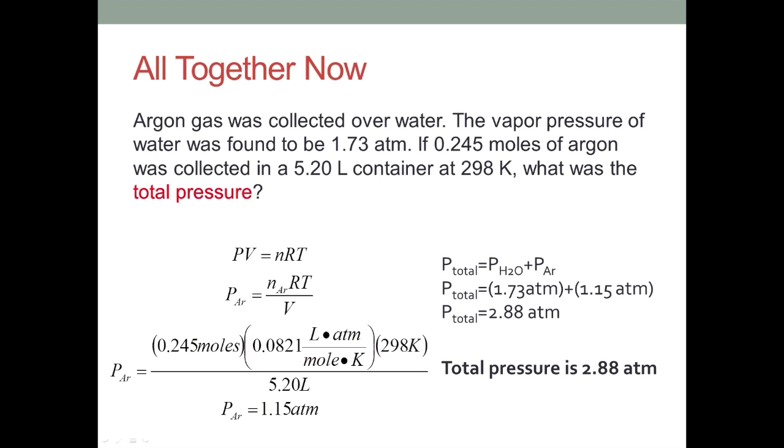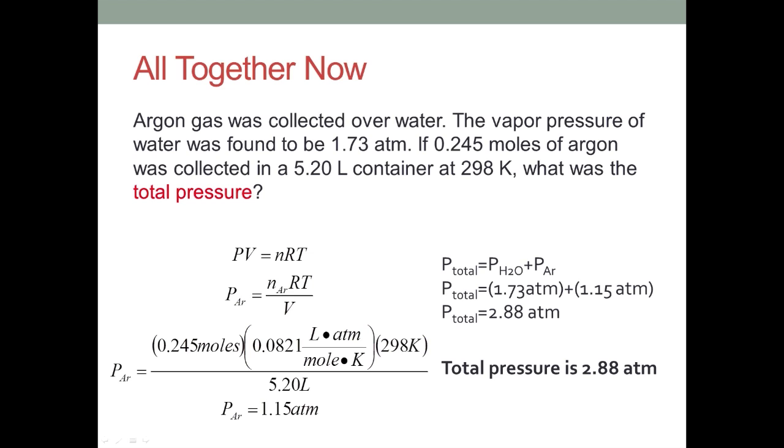Now how we do that is, the question tells us the vapor pressure of water was 1.73 atm, and then it tells us we had 0.245 moles of argon collected in a 5.20 liter container at 298 Kelvin. So we want to know the total pressure, so that also includes the pressure of argon and water. But first we need to find the pressure of argon.